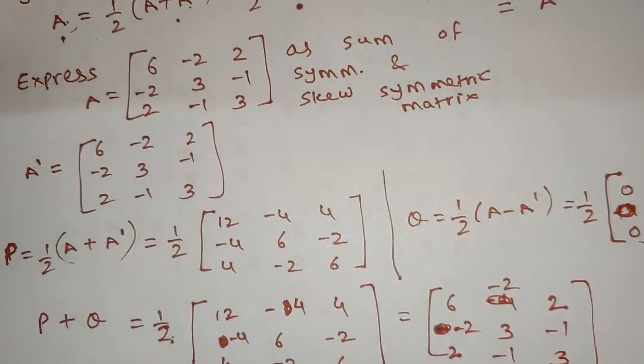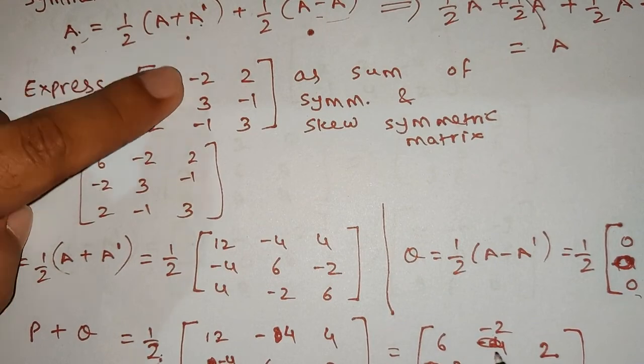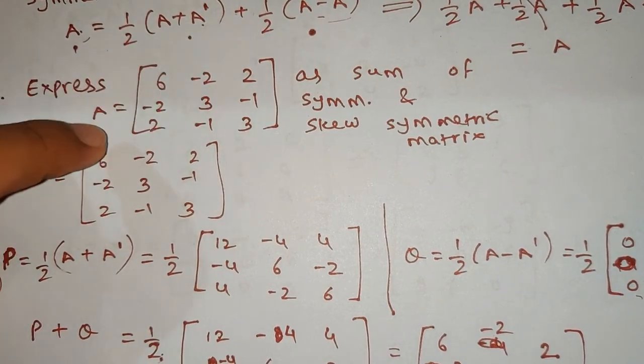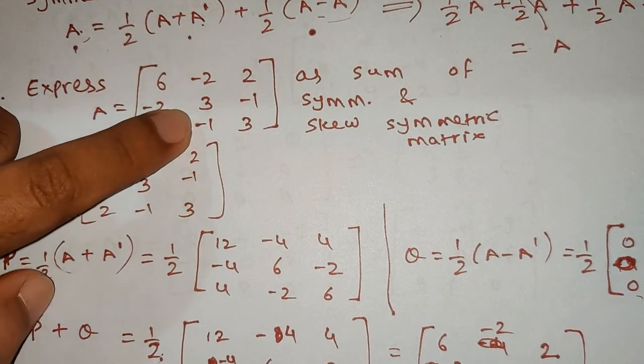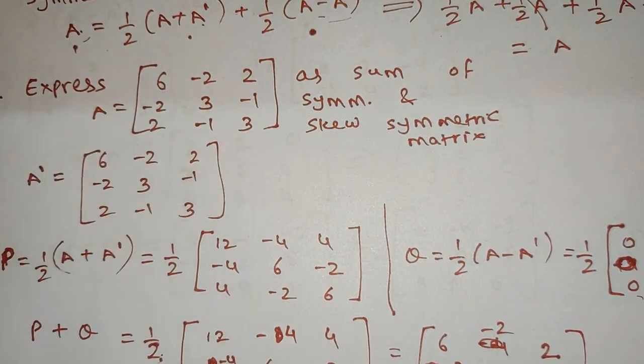As you can see, our given matrix here, that is 6 minus 2, 2, then again minus 2, 3 minus 1, and 2 minus 1 3, these two are coming exactly the same.